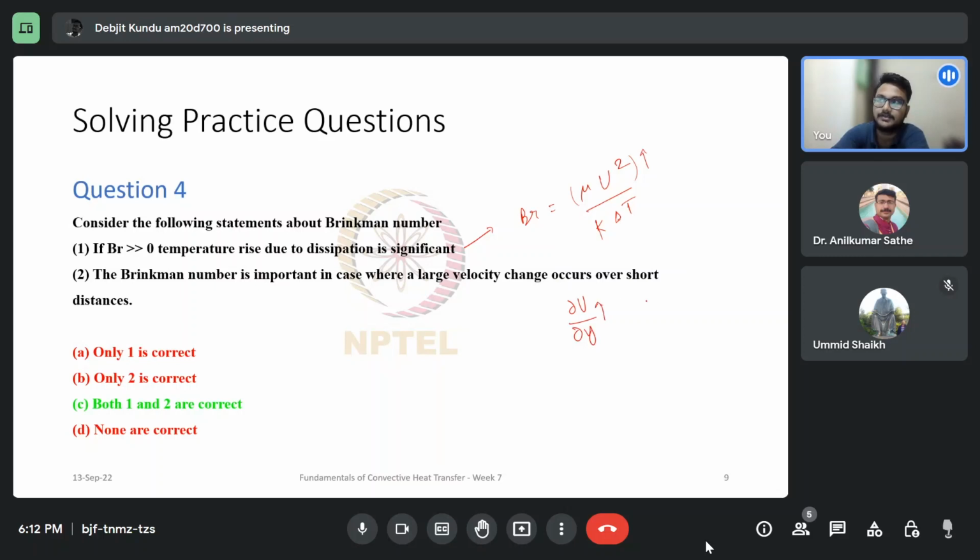So this being high means the du/dy could also be high, and this is actually proportional to the viscous dissipation. Which is why both these statements are correct, and option C would be the correct selection.